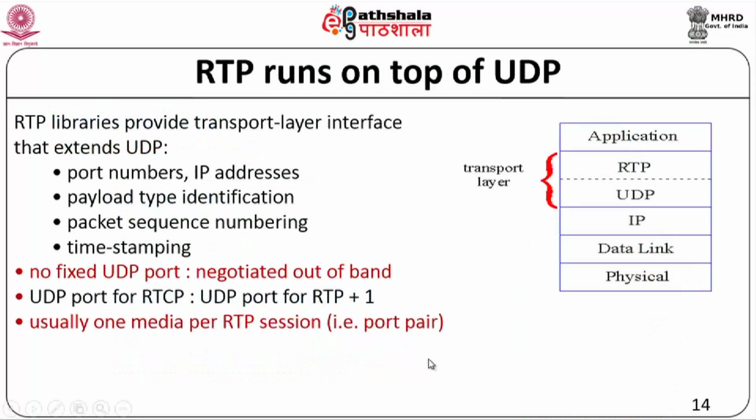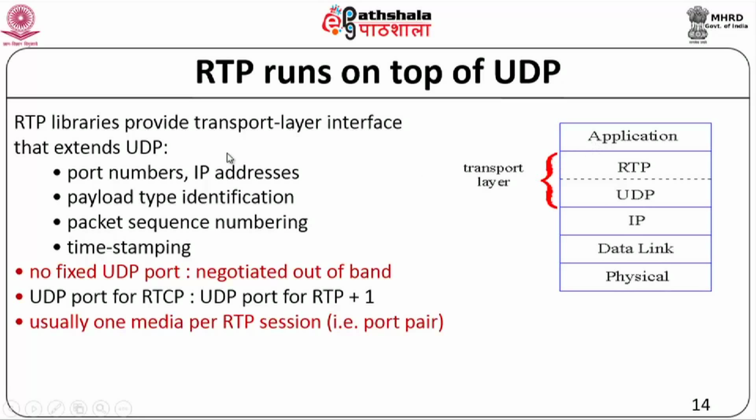Okay. And as we said, RTP runs on top of UDP. So, you have your application layer here, IP layer here, UDP will be on top of IP, and RTP sits above UDP and below the application. So, you can say that with RTP, the transport layer is kind of extended. You have UDP plus RTP providing the transport layer functions for real-time applications. Okay.